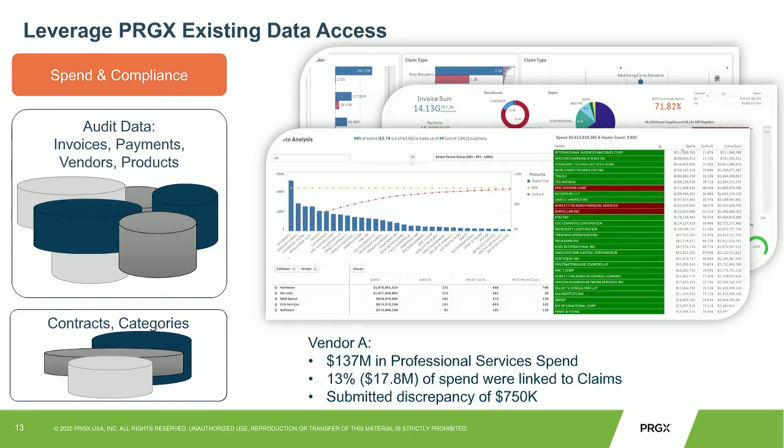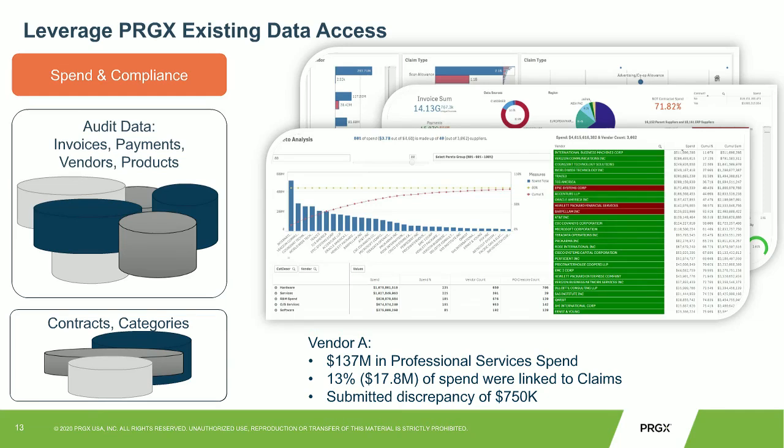But just to give you an example of the kind of interesting things that come up when you start even joining the audit, recovery audit functions and the value that we get from that versus looking at just their spend, right? Let's say you're looking at vendor A, and they provide us multiple categories of services, but let's say we're just looking at professional services spend.